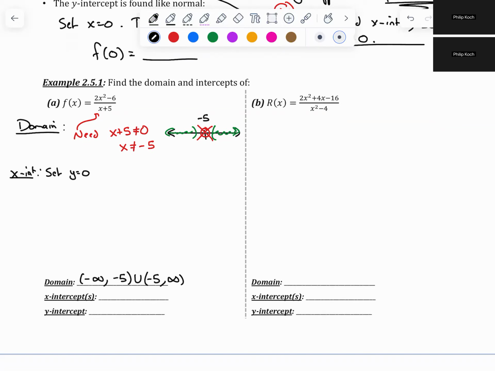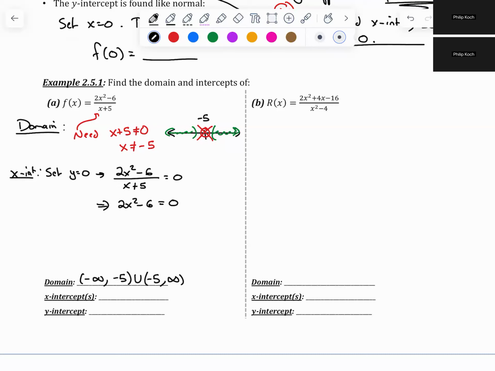So we've got (2x squared minus 6) over (x plus 5) equal to 0, which can only happen if 2x squared minus 6 equals 0. The only way that expression could equal 0 is if the numerator equals 0.